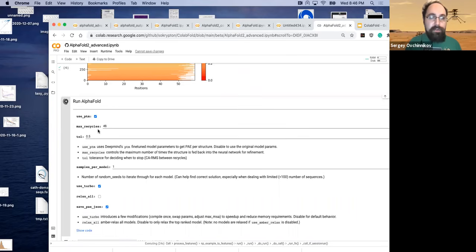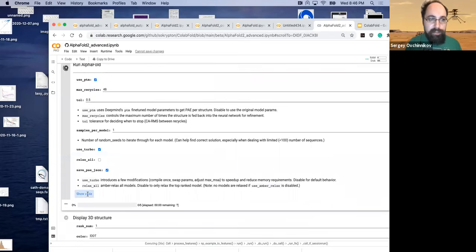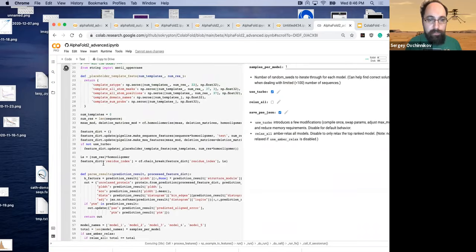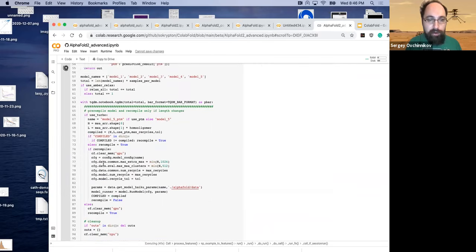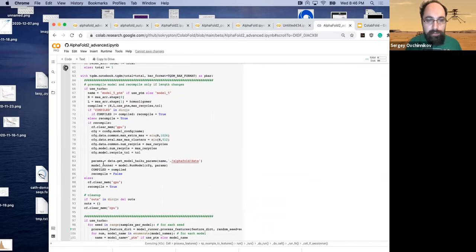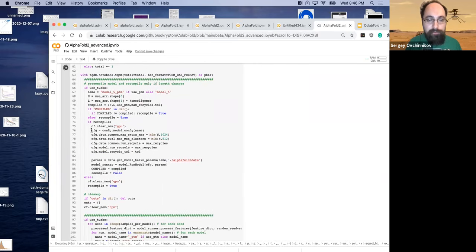To make this early stop feature, we did have to modify the AlphaFold source code. If you don't want to modify the source code and you just want to set the number of recycles, it's just set up in the configurations. This is going to look a little scary, but technically, when you first configure your model, you can specify the recycling here.